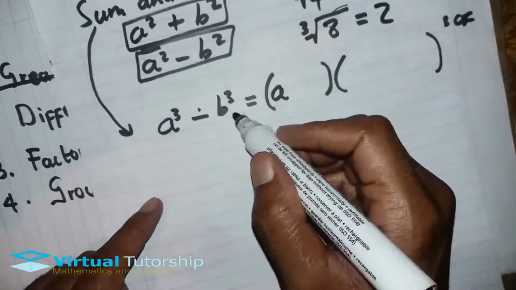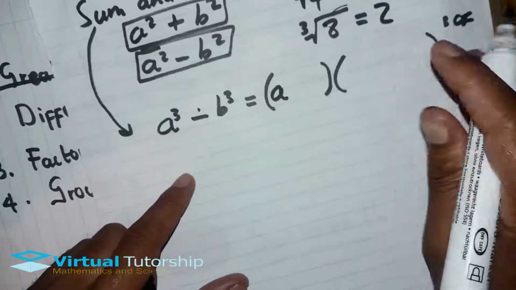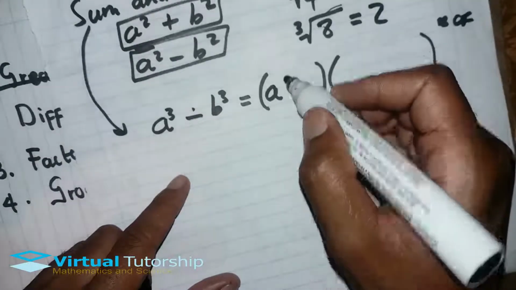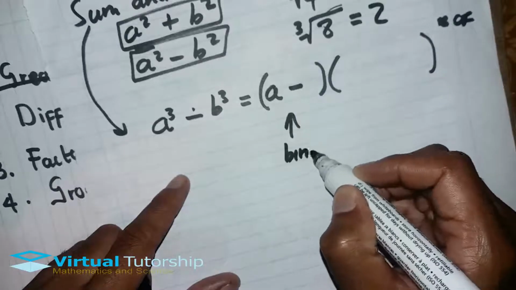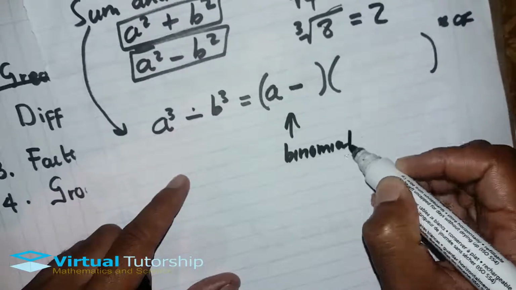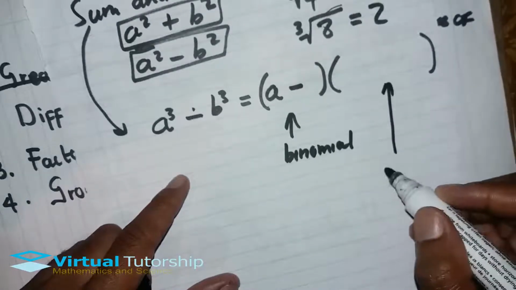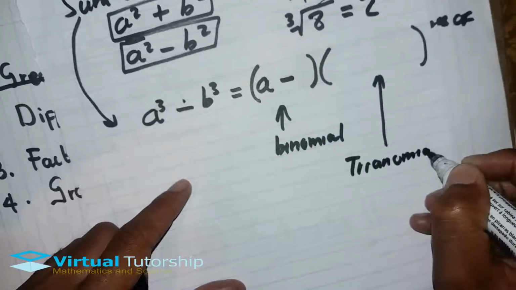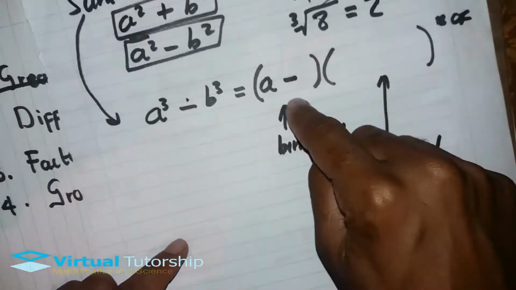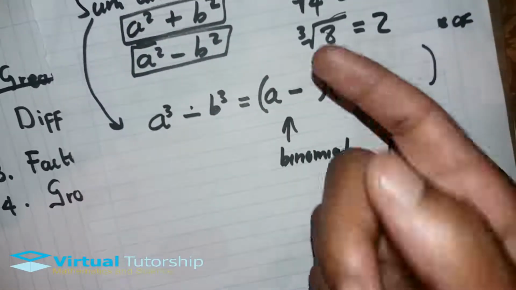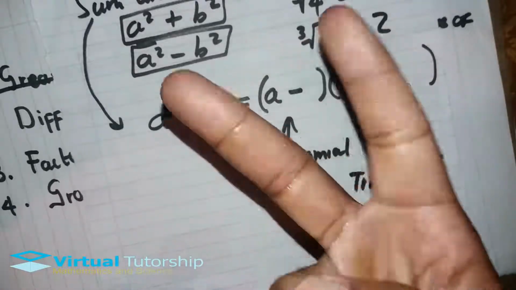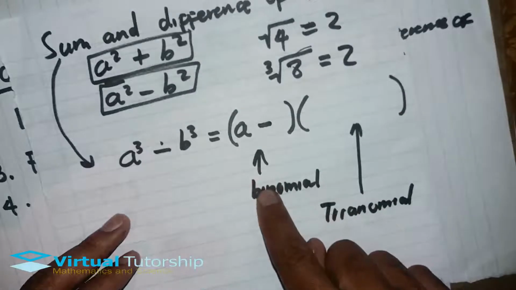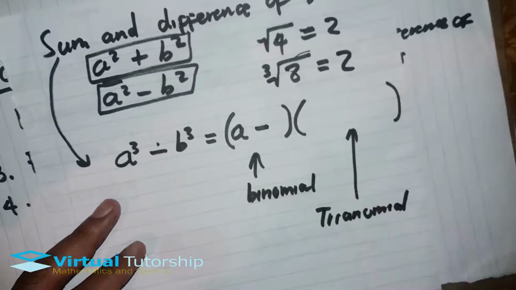Okay, the signs work like so. This bracket is over minus. On the first bracket you will have a binomial, on the second bracket a trinomial. A trinomial has 3 terms, a binomial has 2 terms. In the difference of two squares we have two binomials, but with cubes we have one binomial bracket and a trinomial bracket.